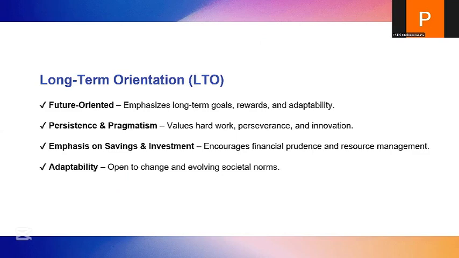There are countries that think about long-term orientation, which we can call LTO. They are always future-oriented and pragmatic, trying to implement methods to achieve something in the future, with an emphasis on saving and investment. They are also open to changing societal norms, so we call that adaptability.